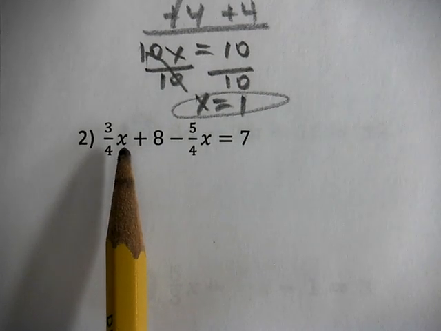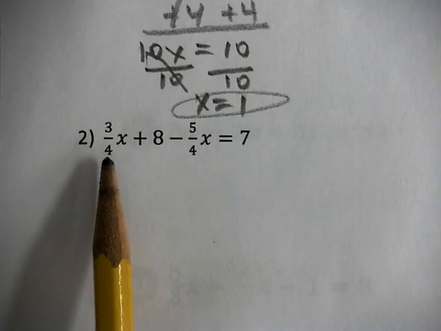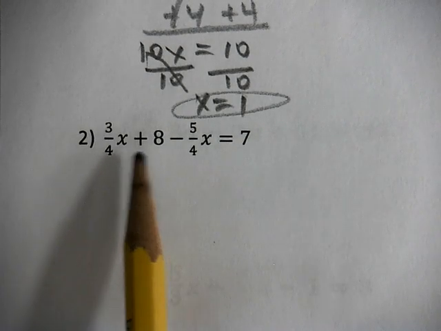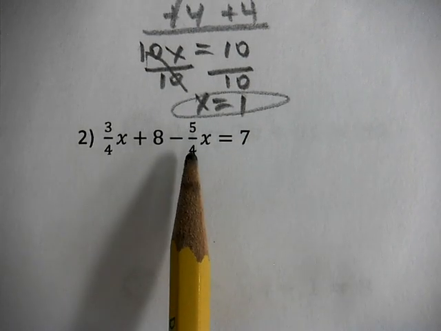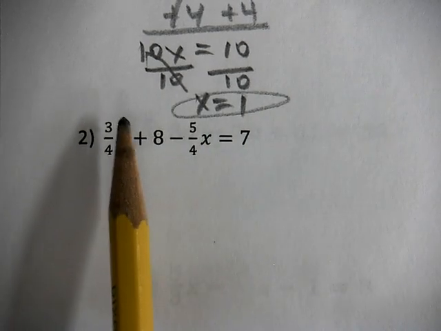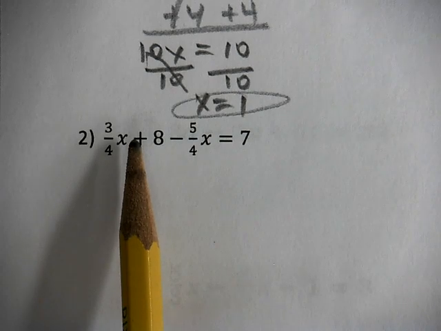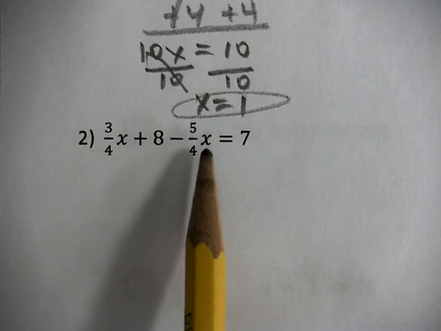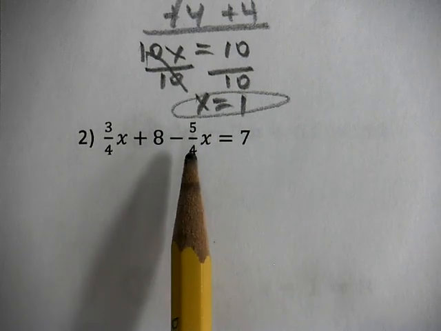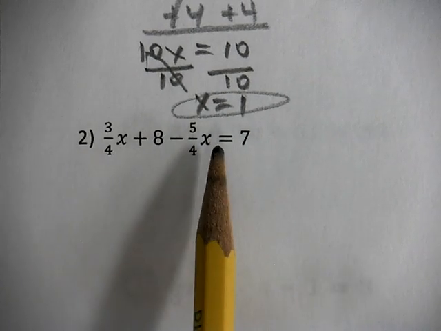One thing you've learned about fractions in the past is your denominators have to be the same. If your denominators are the same, then we can look at the tops of the fractions. Notice that both fractions have x's with them. So they're like terms. So they both have the same denominators. They both have x's.